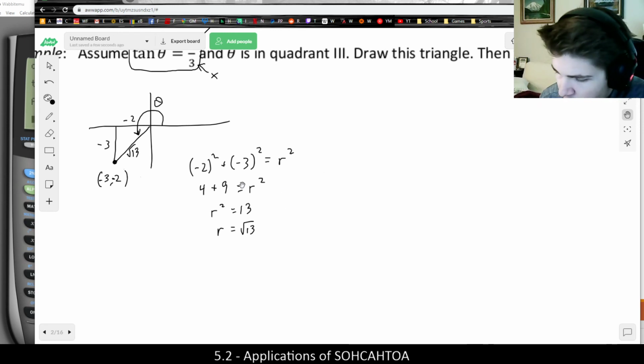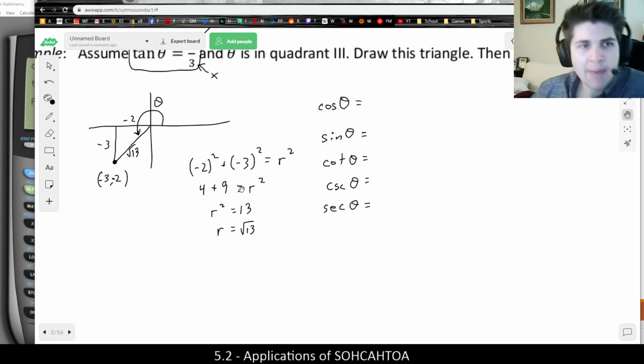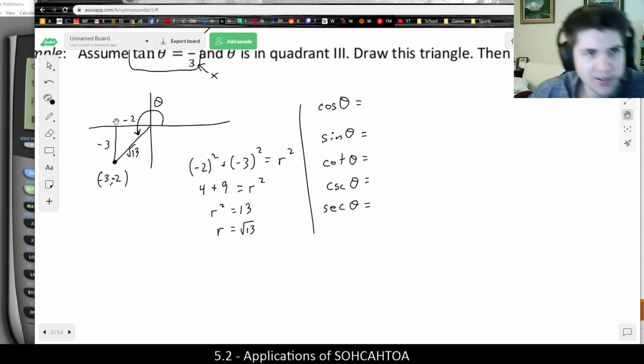So say, for example, I want to know the cosine of theta, the sine of theta, cotangent of theta, cosecant of theta, and the secant of theta, the other 5. Once I know all 3 sides, that's it. I just need to find the third side, and I'm golden.